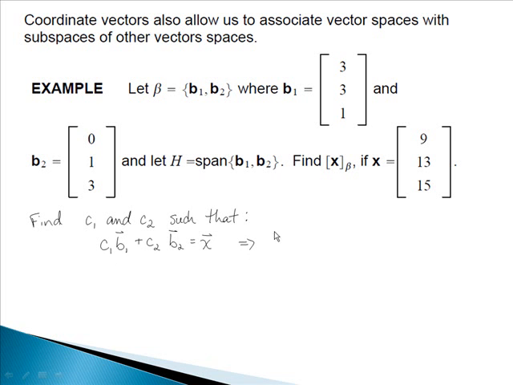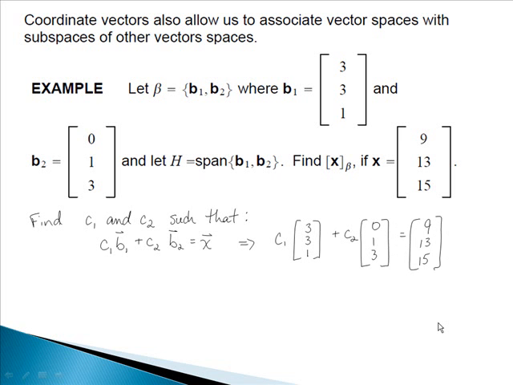So we set it up as c1 times the vector b1, which is 3, 3, 1, plus c2 times the vector b2, which is 0, 1, 3, equal to my vector x, which is 9, 13, and 15.